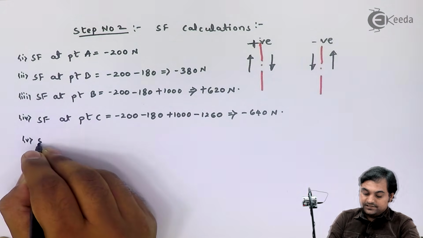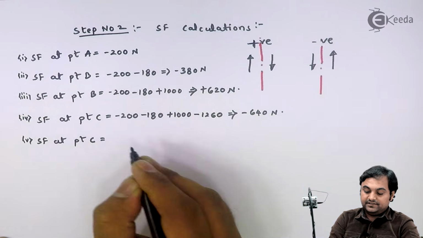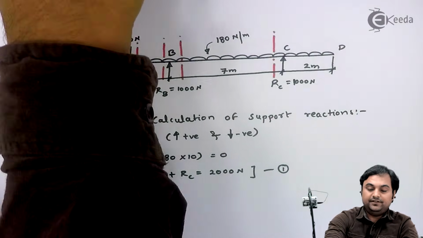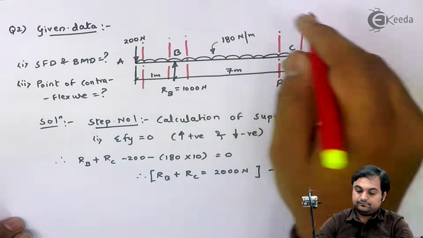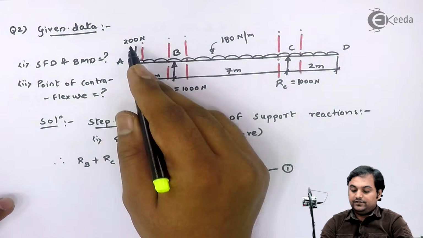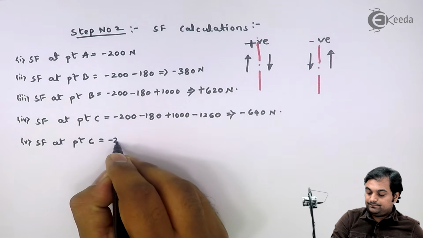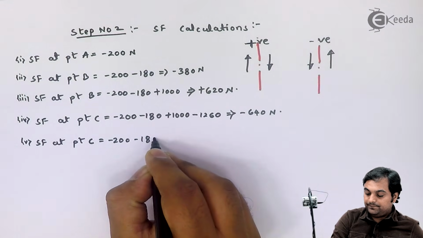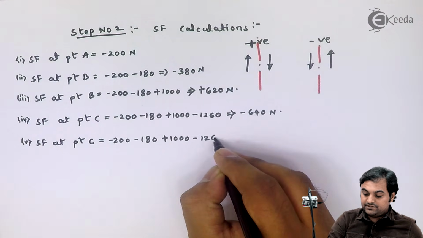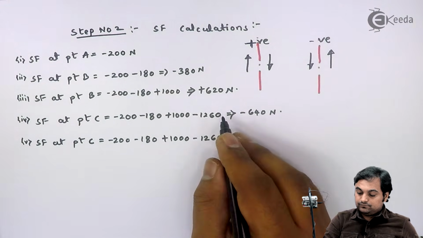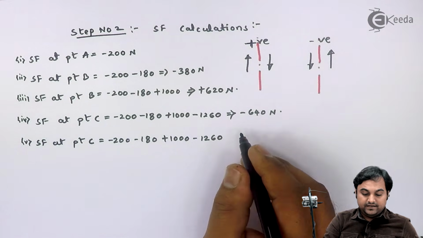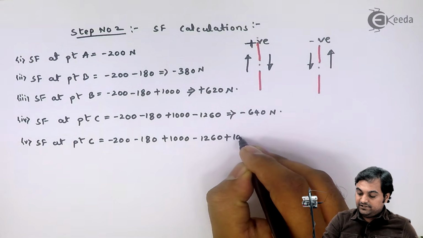Again I will calculate SF at point C, here I will take the section to the right of C. If I look at the forces, here I have minus 200, minus 180, plus 1000, minus 1260, and plus 1000 in that.